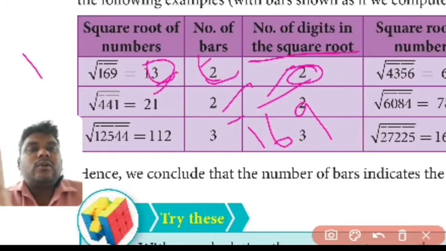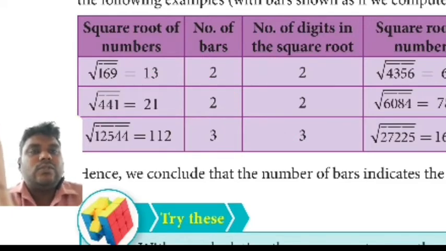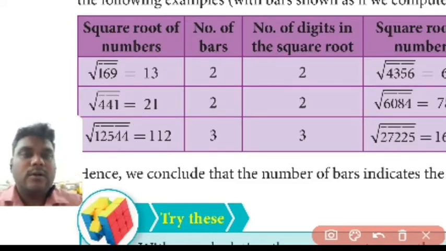So as many bars as come, that many digits will come in the square root. So square root of 441, the number of bars is 2 and the number of digits in the square root is 2. Okay, so next, root of 12,524.